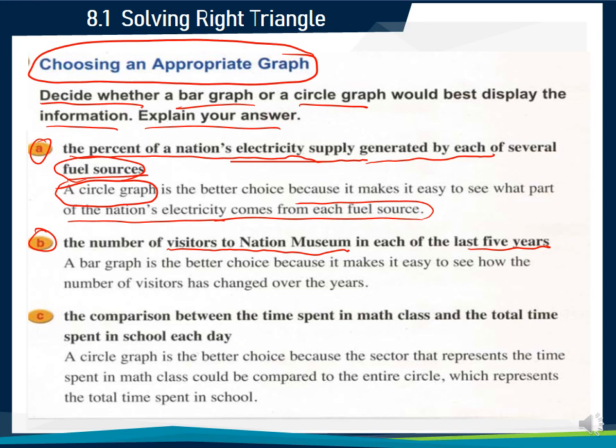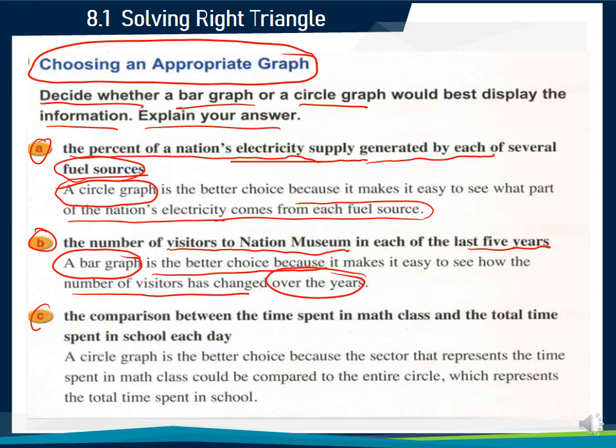So in here, the number of visitors changed over time, over a year. So we are going to use a bar graph, because we said that a bar graph is related to the time. It shows changing in the time. So a bar graph is better to choose because it makes it easy to see how the number of visitors has changed over the years, okay? So bar graph is better.